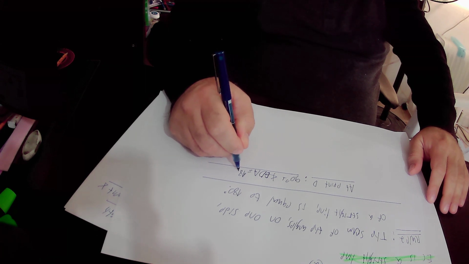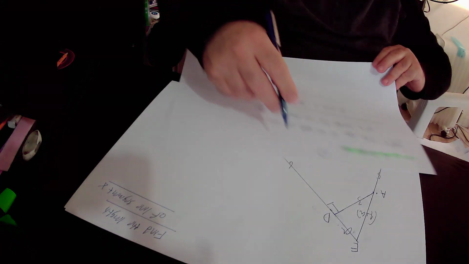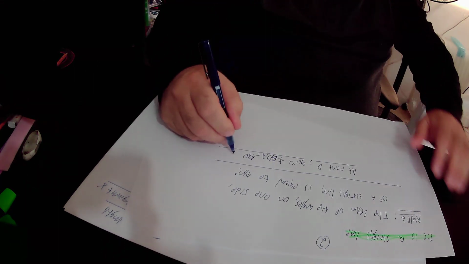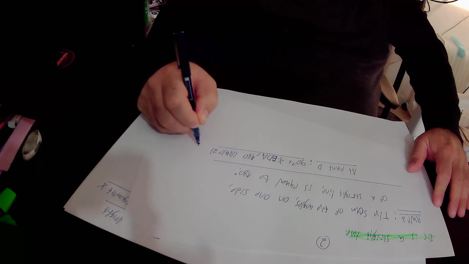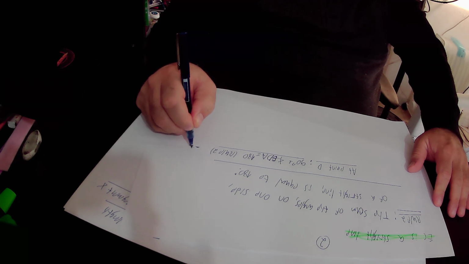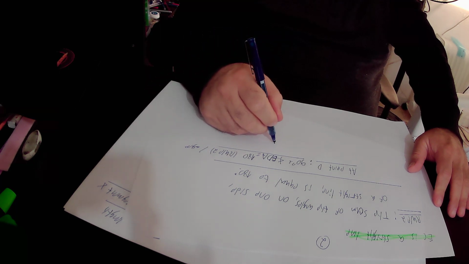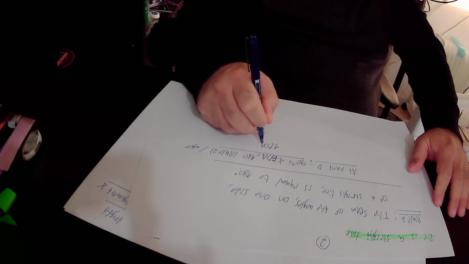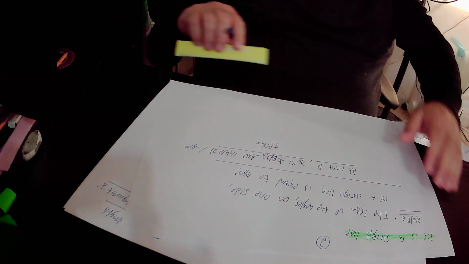That is to say, 90 degrees plus angle EDA must be equal to 180 degrees. So we subtract 90 degrees, and we get that angle EDA, the missing angle, equals 180 degrees minus 90 degrees, which is 90 degrees.